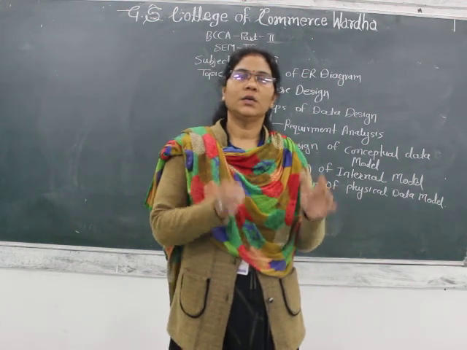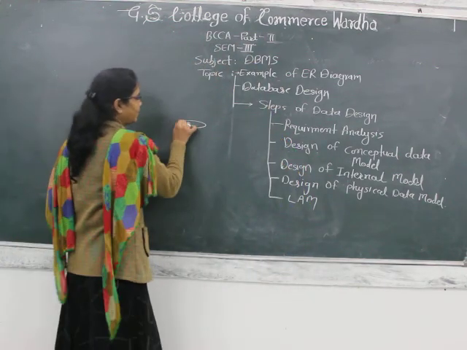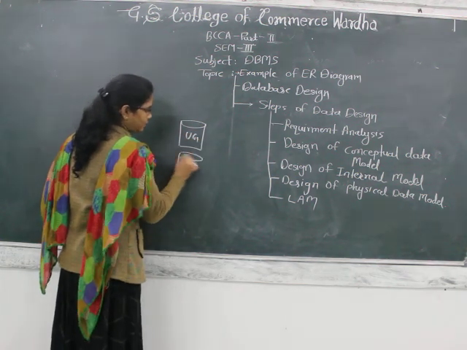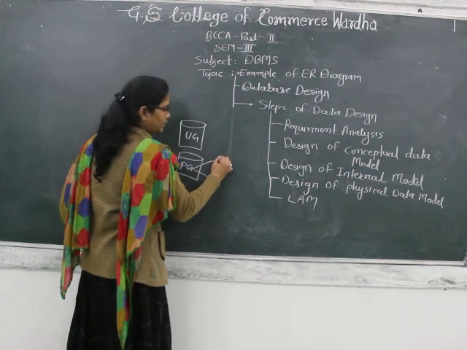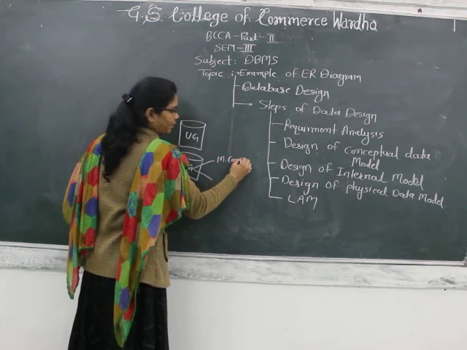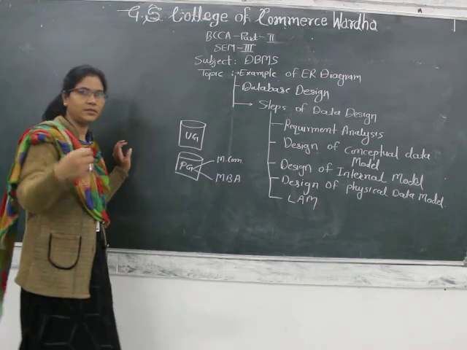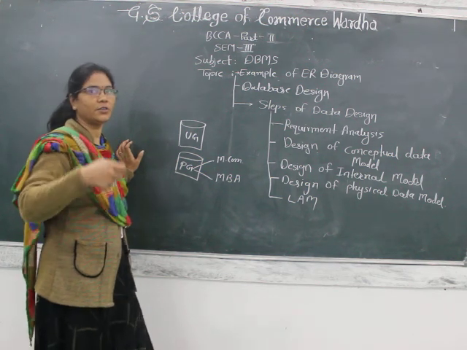So we consider UG and PG. Basically we design 2 databases: the first is UG and the second is PG. In PG, MCOM and MBA. This is my consideration, designed with my own intellectual power.